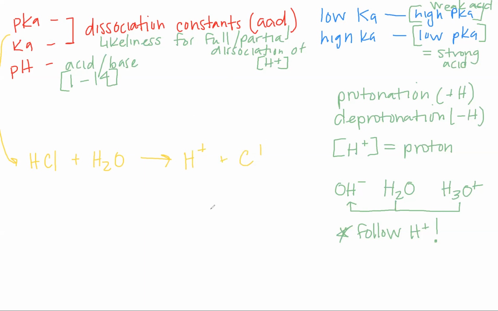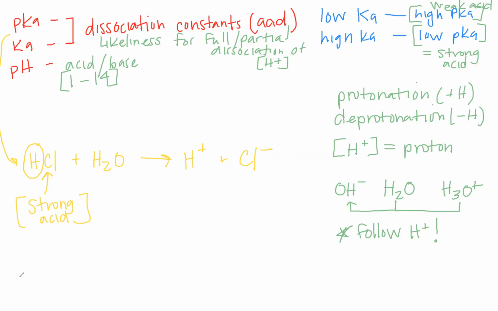It definitely 100% dissociates because it's a strong acid, and we know it's a strong acid just because we've been told that over and over. So we can definitely have access to this proton here and do some work with it. Okay, so that's what we're talking about, the chances for it to dissociate 100%.